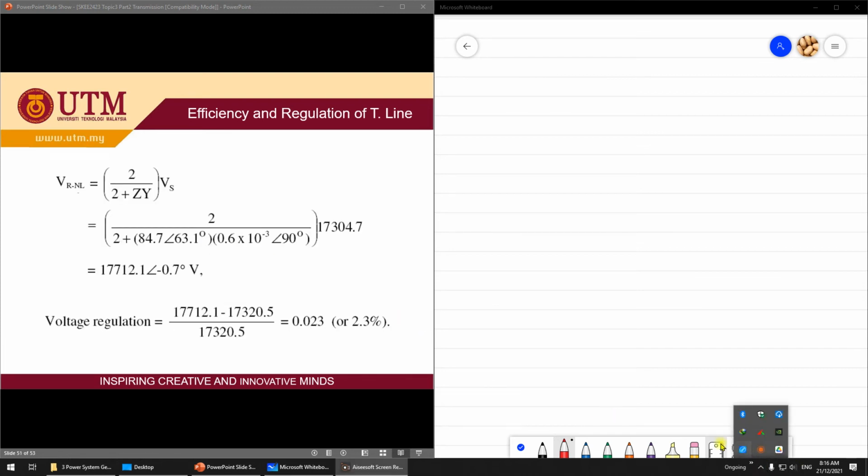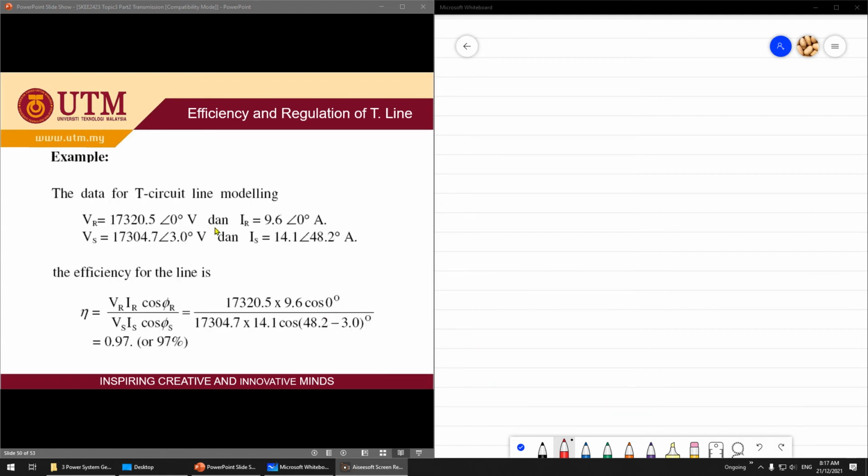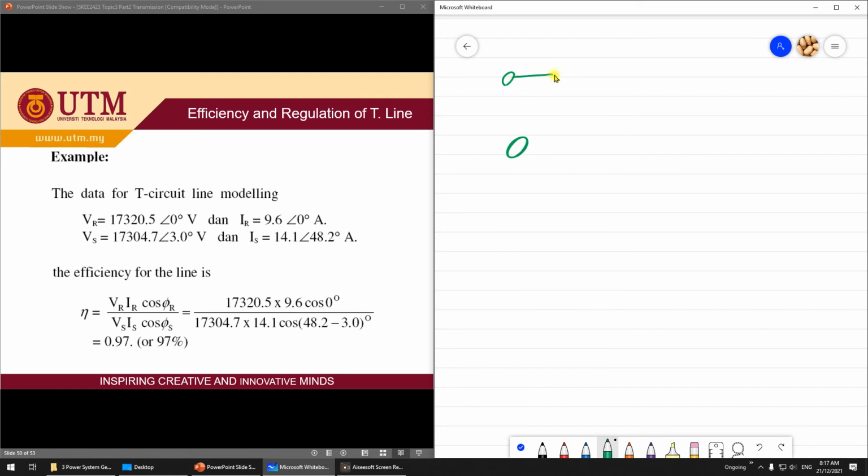Let me check the recording first. So you can see here the T representation. Let me draw the T representation back first. So something like this, with the capacitor.